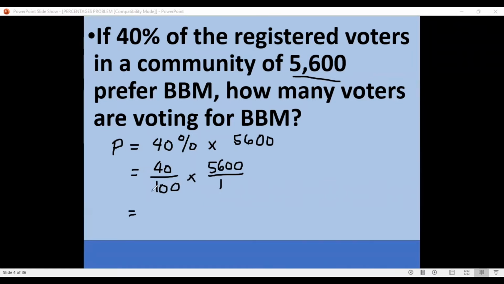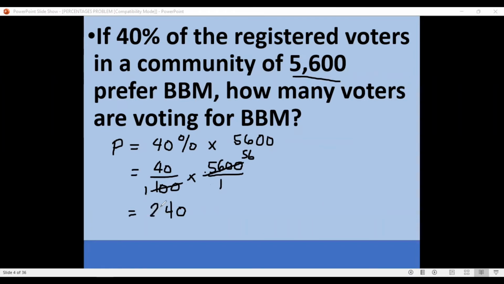So looking into this, again, you can cancel the 100 with the 5,600. So by 100, this will now become 56, and that will become 1. And multiplying 40 and 56, there is a 0, so we just have to copy that. 4 times the 6 there is 24, and you have to regroup 2, so 4 times 5 is 20, plus the 2 is 22.